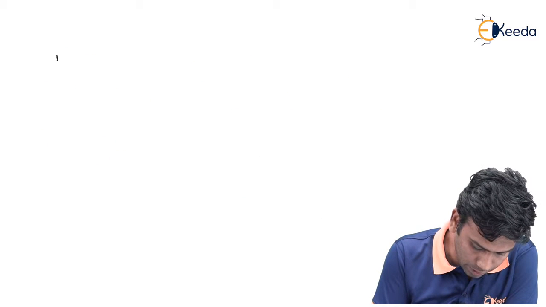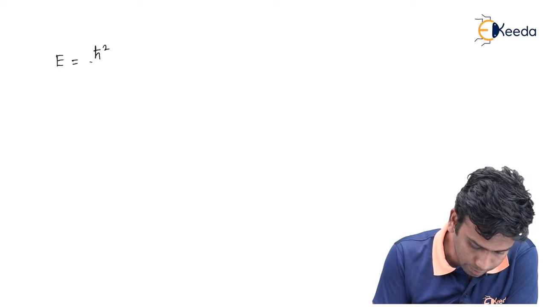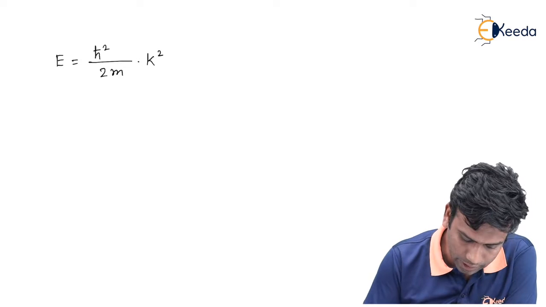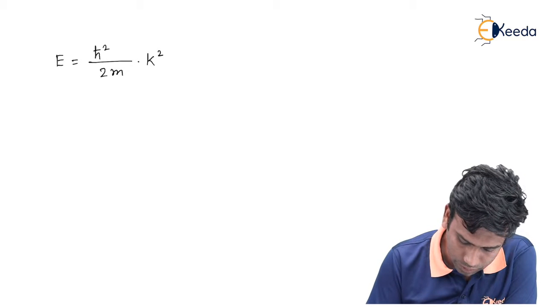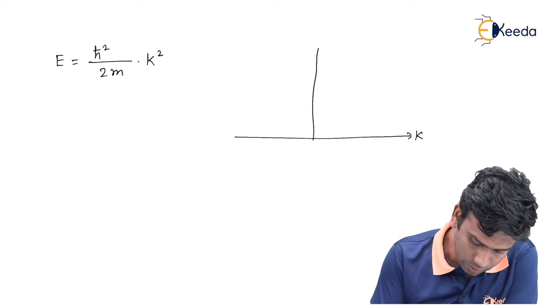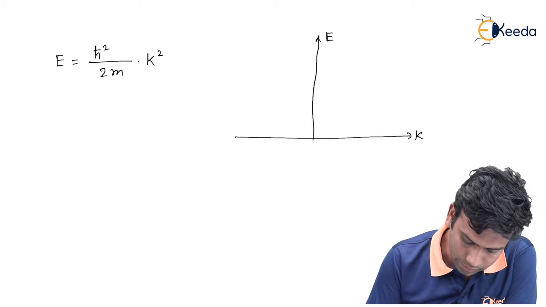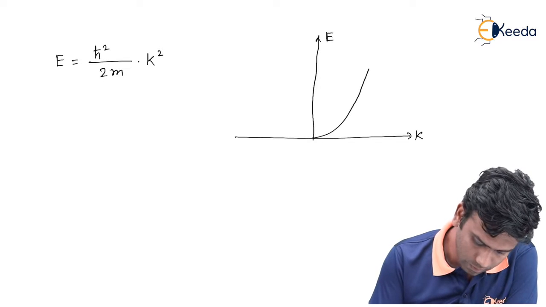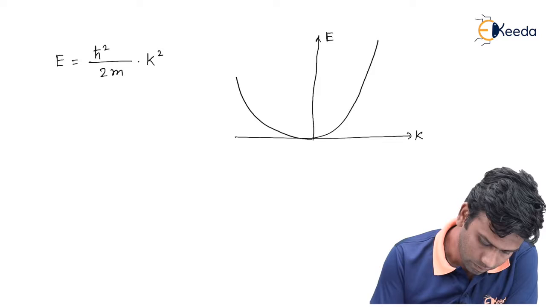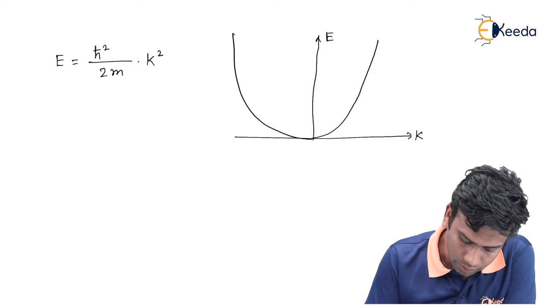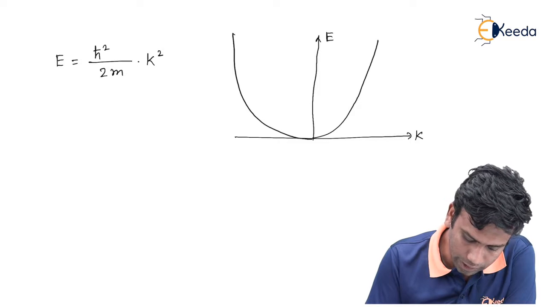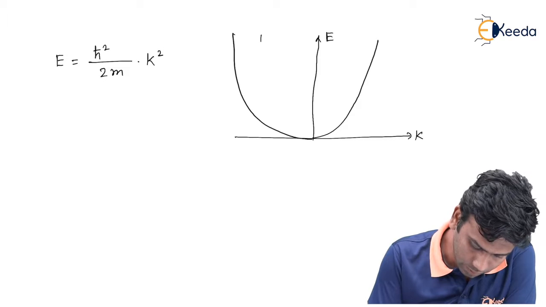Now we can see that E equals h cut square by 2m into k square is giving a plot like this. Now we can also say the plot can look like this.